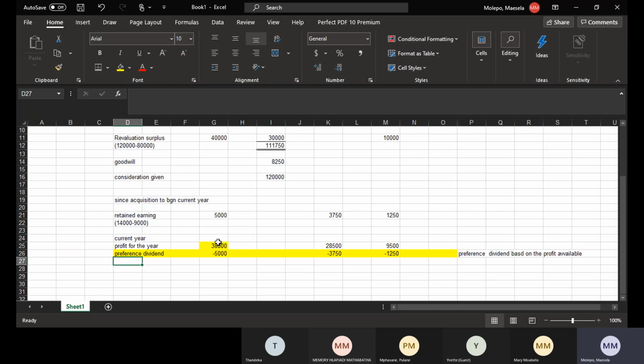Now, again, on the retained earnings of S Limited in the column for S, they say we paid the ordinary dividends of 10,000. So we still sit with profit left. It means we can also pay the ordinary dividends. So ordinary dividends are paid at 10,000. The 75% will be 7,500, which will be minus also.